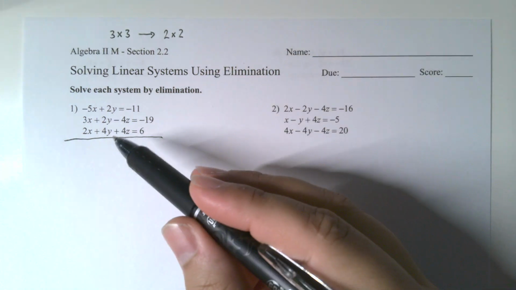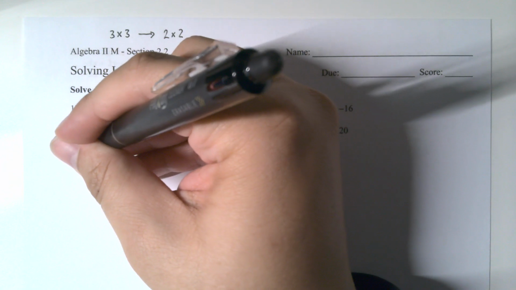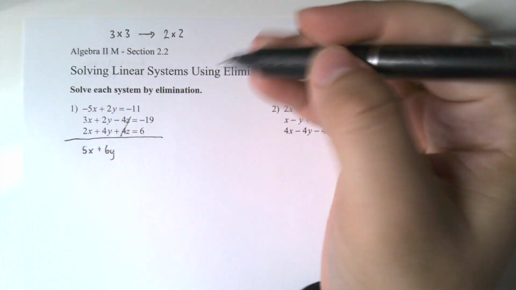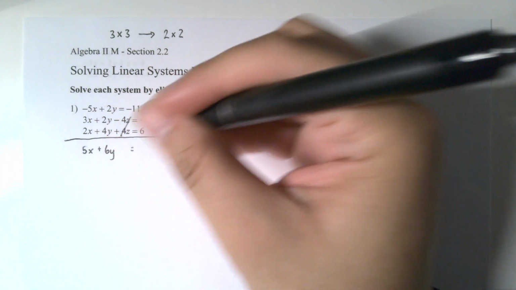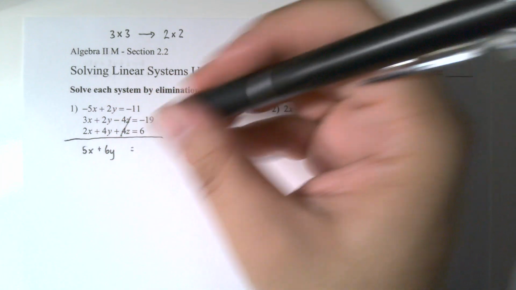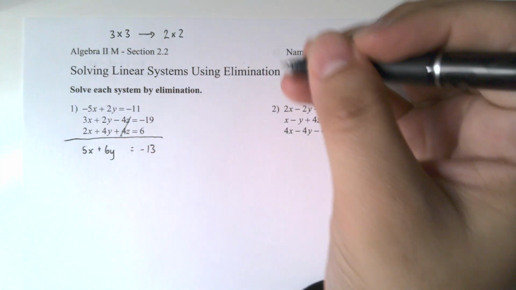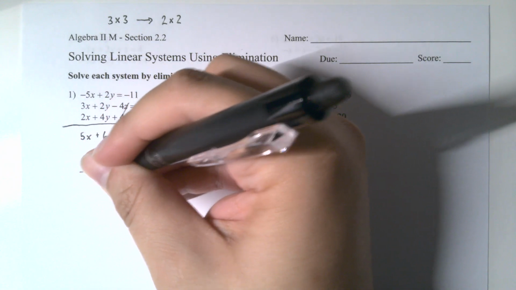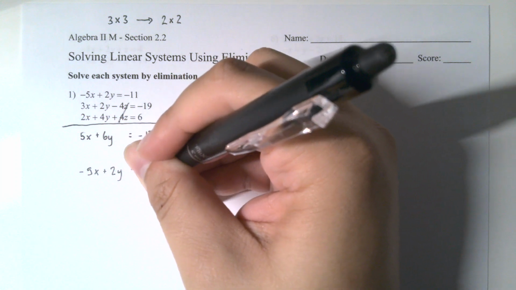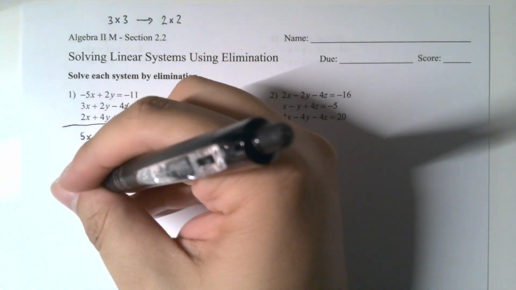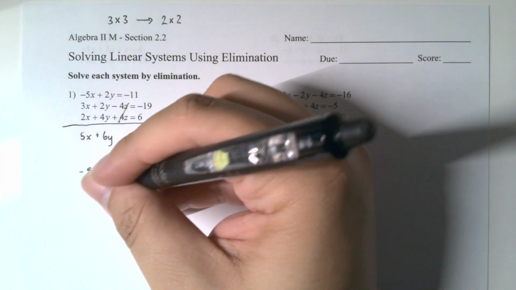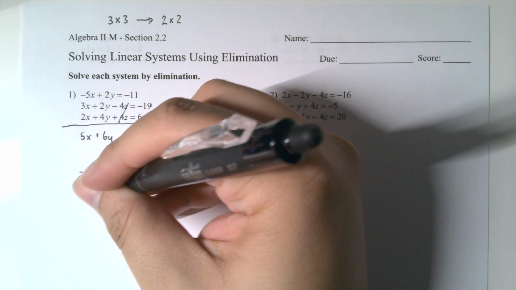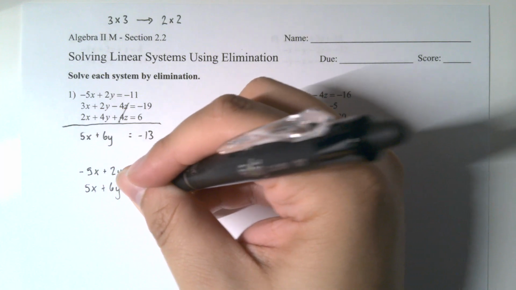If we add those two equations together, we're going to get 5x plus 6y. The z's will cancel, and we have negative 19 plus 6, which is going to be negative 13. Now notice, we have the equation negative 5x plus 2y is equal to negative 11 from the first equation, and the second equation that we just created by eliminating z, 5x plus 6y is equal to negative 13.